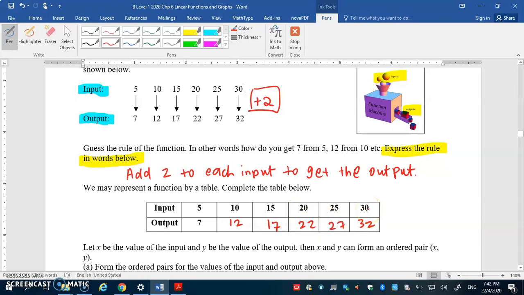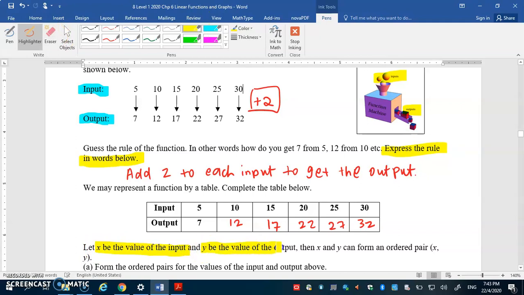Okay, so I'm going to express this entire information mathematically. I'm going to let x be the value of the input and y be the value of the output. Okay, so I'm going to call this input x and this output y.